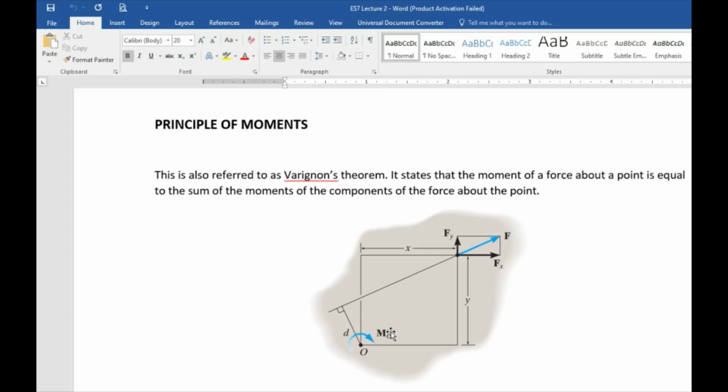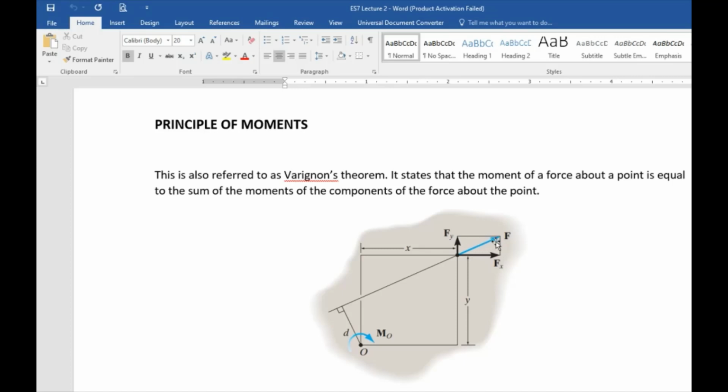If you will notice in this figure, we have point O and force F acting at a distance y and x from O. From the previous discussion, the moment arm, or D, is the perpendicular distance of the force to the point where it will rotate.